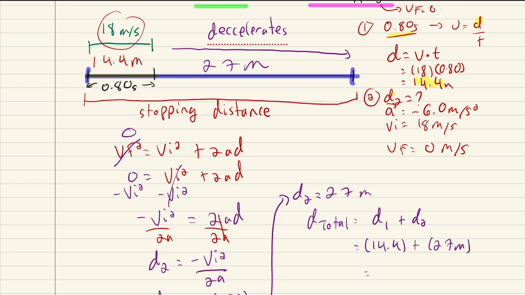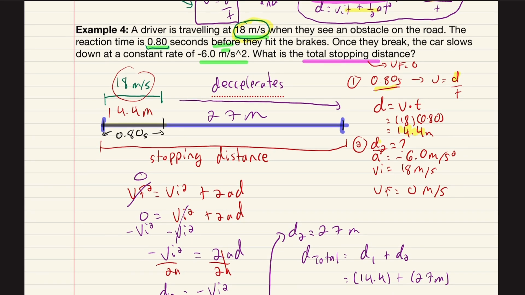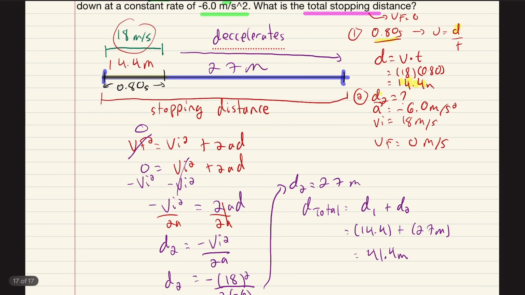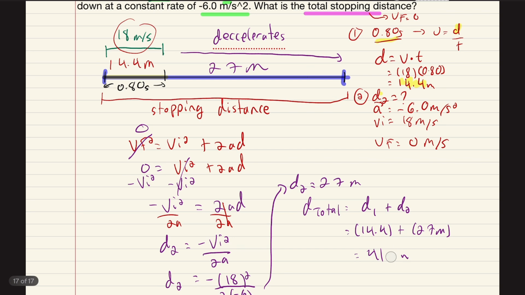And plugging that into the calculator, we're going to get a total distance of 41.4 meters. In terms of significant digits, we just want 2. So we're going to write 41 meters. And that is the total stopping distance here.